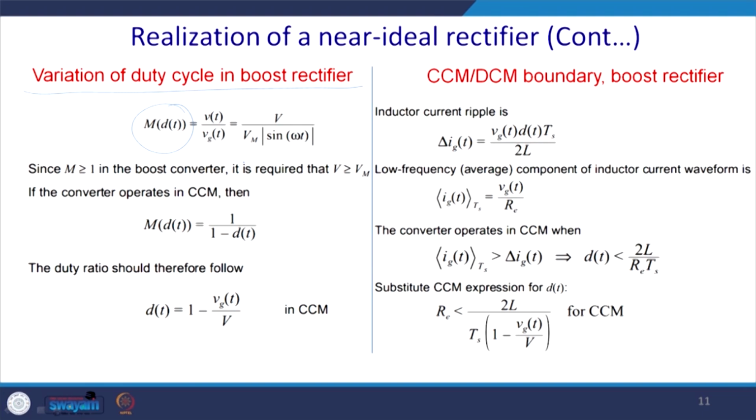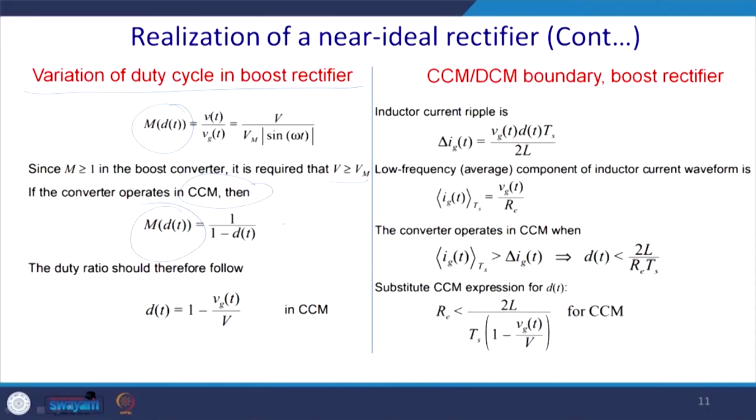Since M is greater than 1 in the boost converter, it is required that V is greater than Vm, if the converter operates in CCM, that is, continuous conduction mode. So, that is what we want, and that is also a challenge, but if the load is light, then it does not work.